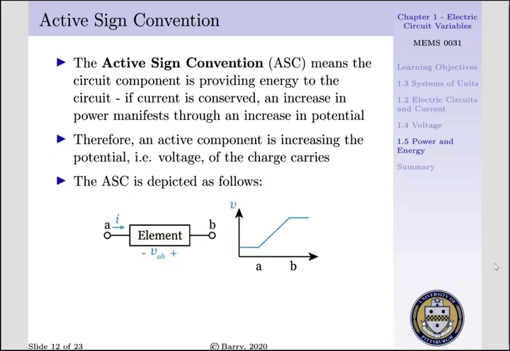And this is depicted as follows. Say we have current entering terminal A, going through our element, and exiting at terminal B. Our voltage potential, VAB, is going from a low potential to a high potential. That is, graphically, we enter terminal A with a low potential, and we exit at terminal B with a higher potential. We're increasing the energy within our system.